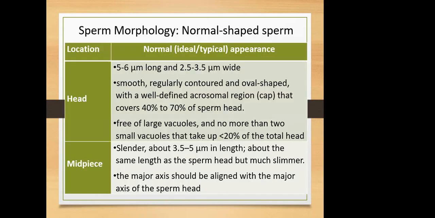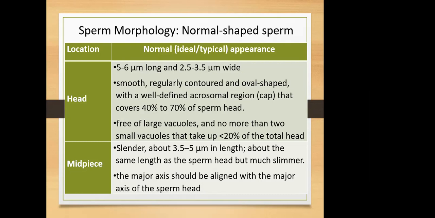Now let us look at the typical appearance of a normal sperm. As far as the head is concerned, it's supposed to be 5 to 6 microns long, and as for the width, it's supposed to be 2.5 to 3.5 microns wide.